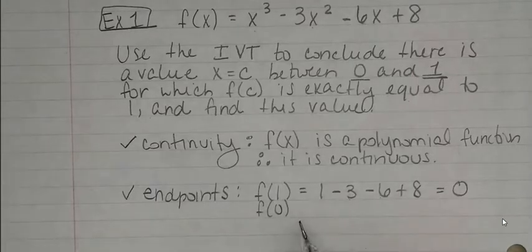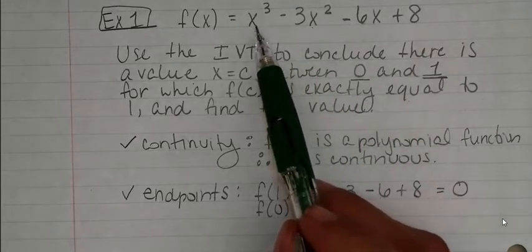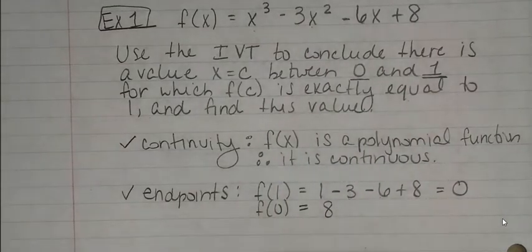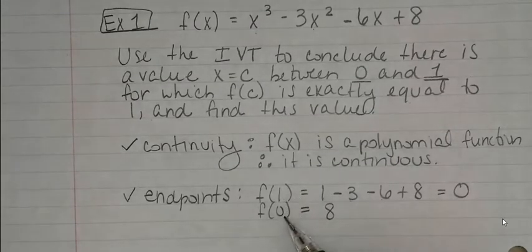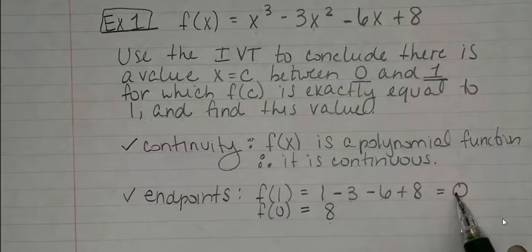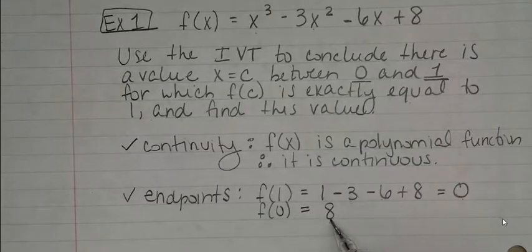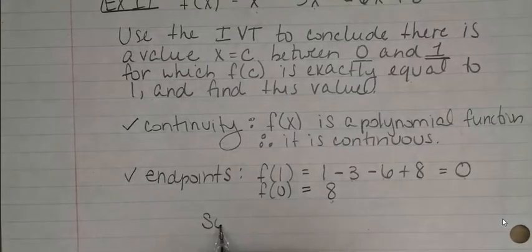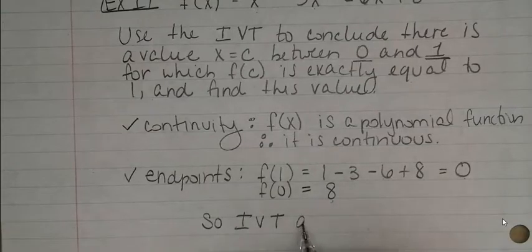And then I also need f of 0. f of 0 is just going to give me 8. So I know that all of my inputs do have outputs, and I know that my outputs have to be somewhere between 0 and 8. So I do know that the intermediate value theorem does apply.